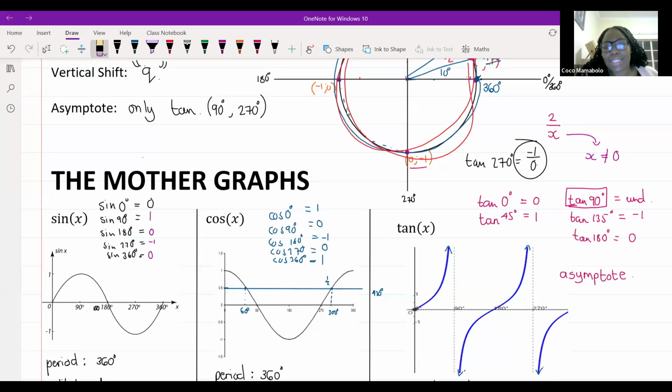But it doesn't mean that there aren't other numbers that would give us the exact same point. Because on a circle, I can keep going revolution after revolution, and I'm going to end up at the exact same point every single time that I add 360.